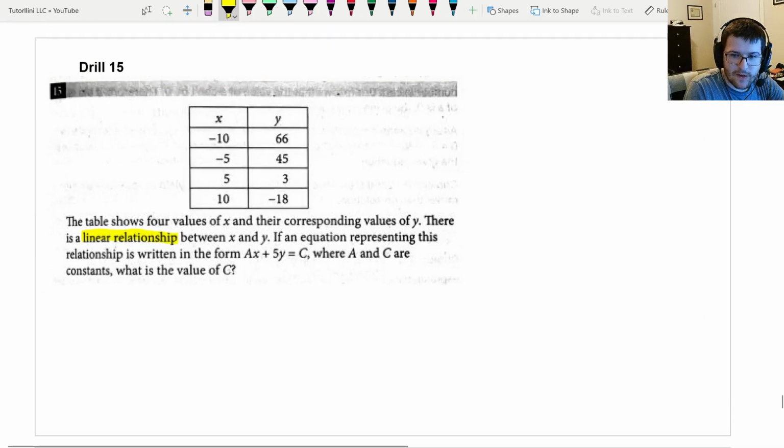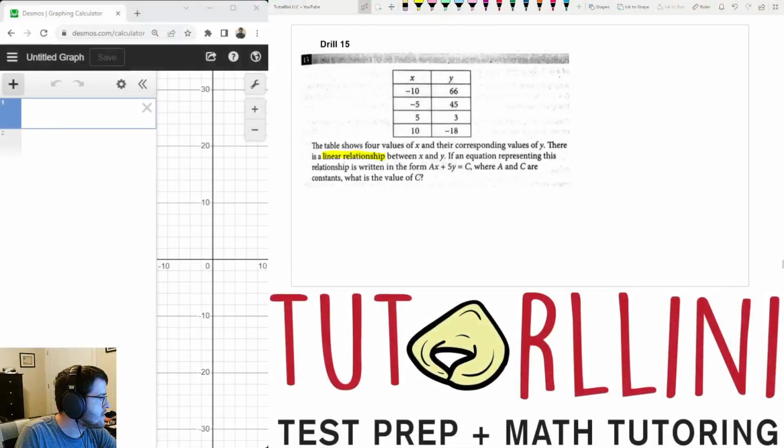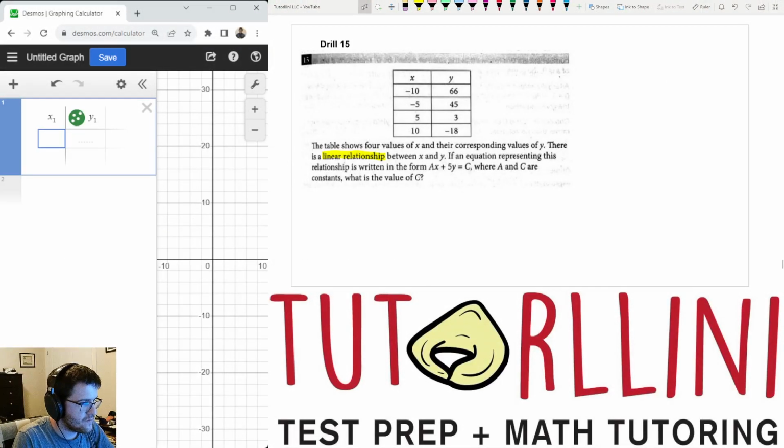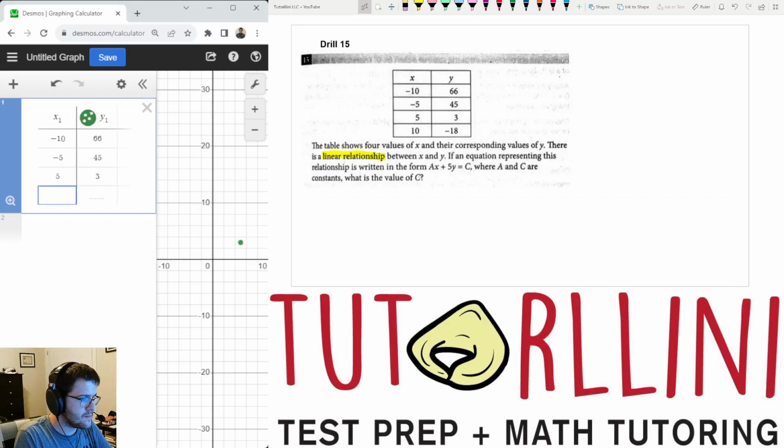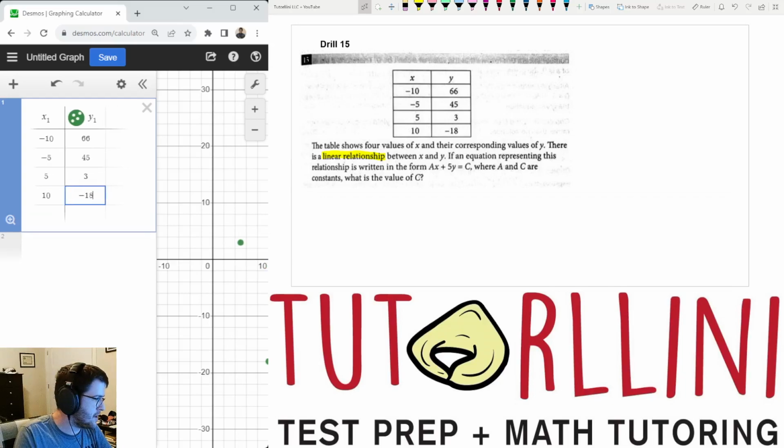This video is getting kind of long. If you want to use the slope formula and do it by hand, you can. I'm going to try regression. So let's put all this in a table. -10, 66, -5, 45, 5, 3. We'll see if this works. If it doesn't work, we can just figure it out.